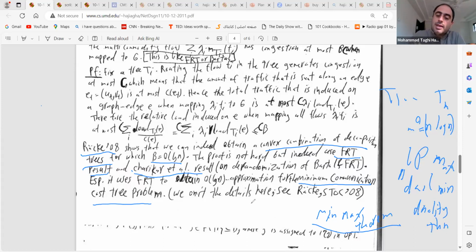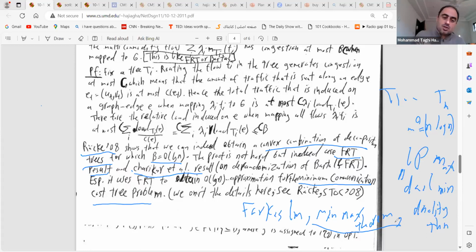Sometimes it is also called Farkas lemma. All of them are the same thing. People obtained it in different contexts, but it turns out all of them are the same: Farkas lemma, min-max theorem, and duality theorem.